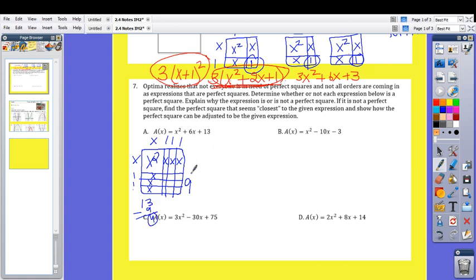So this is how you will write it down. This is your x squared plus 6x plus 9, but instead of 13, you only need 9, so you have 4 of them that are extra. So A(x) equals this.